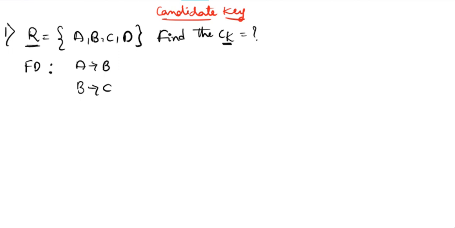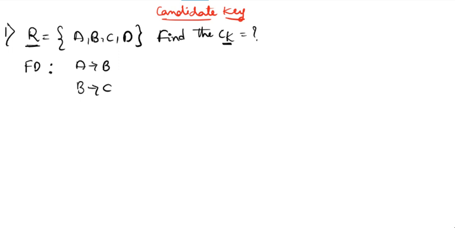We can take a single attribute as a key or multiple attributes as a key. A key is a unique identification of this table. It uniquely identifies a row in a table. So that is called a key.